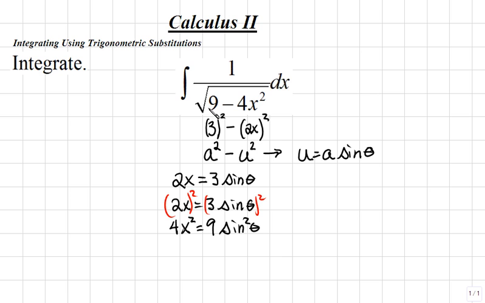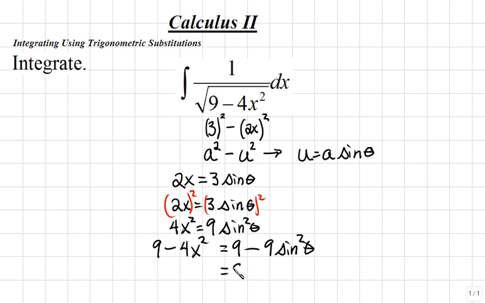In our denominator, we have 9 minus 4x squared, so we'll now subtract from 9 on both sides of this substitution. So we'll have 9 minus on both sides. 9 minus 4x squared is on the left side, and 9 minus 9 sine squared theta is on the right. But the right side can be simplified further.